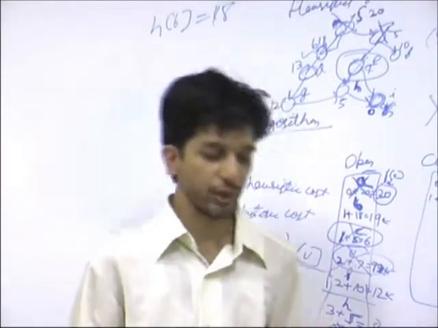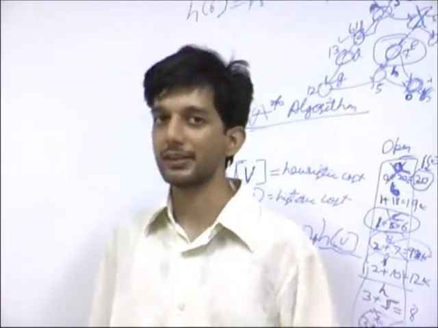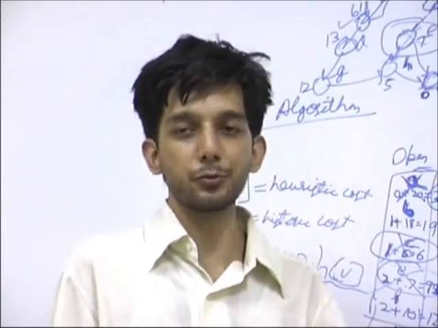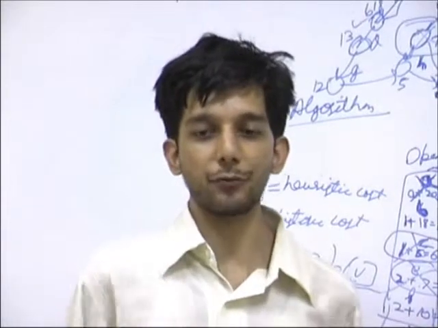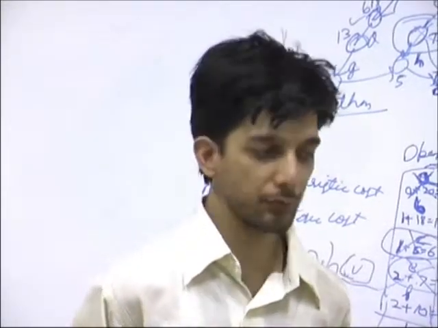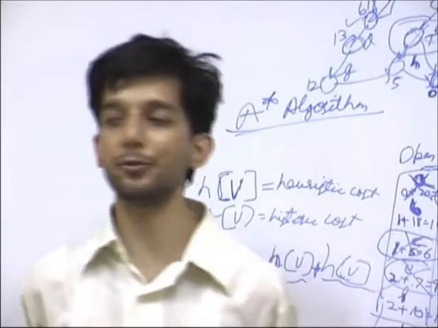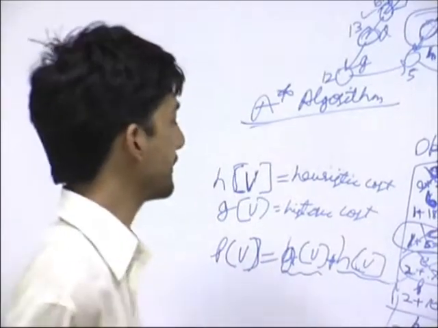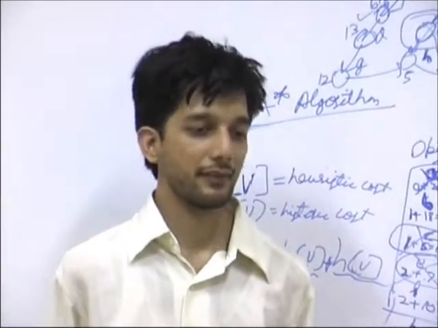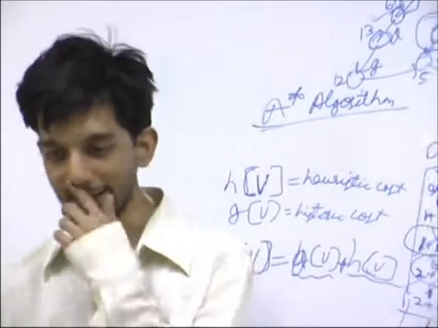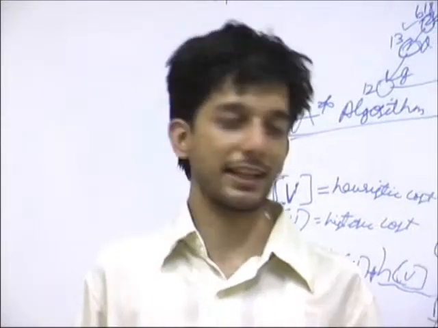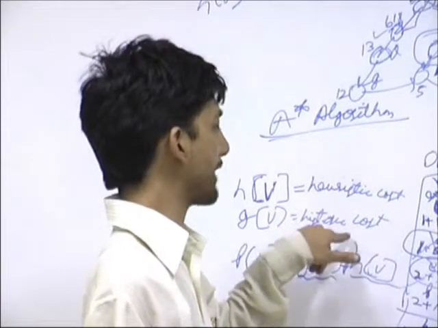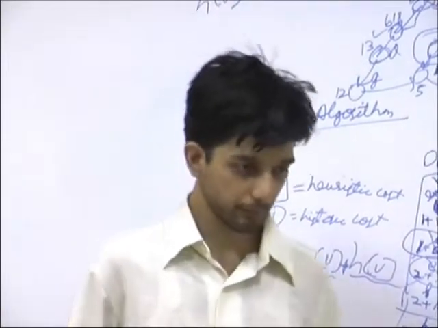So at any node which has a total cost assigned to it, it is the estimate that we have made of its distance from source to goal. And of course, this estimate can be broken down into 2 parts, a known estimate and an unknown estimate. The known estimate, the historic value, and the unknown estimate, the heuristic value. And I call it estimate, that means there is some uncertainty that's not there in the historic value, that's only there in the heuristic value.